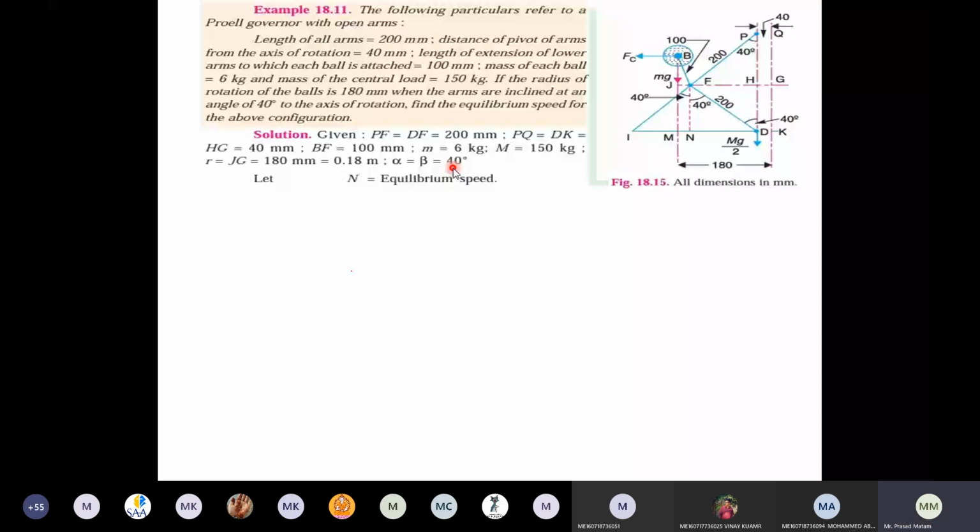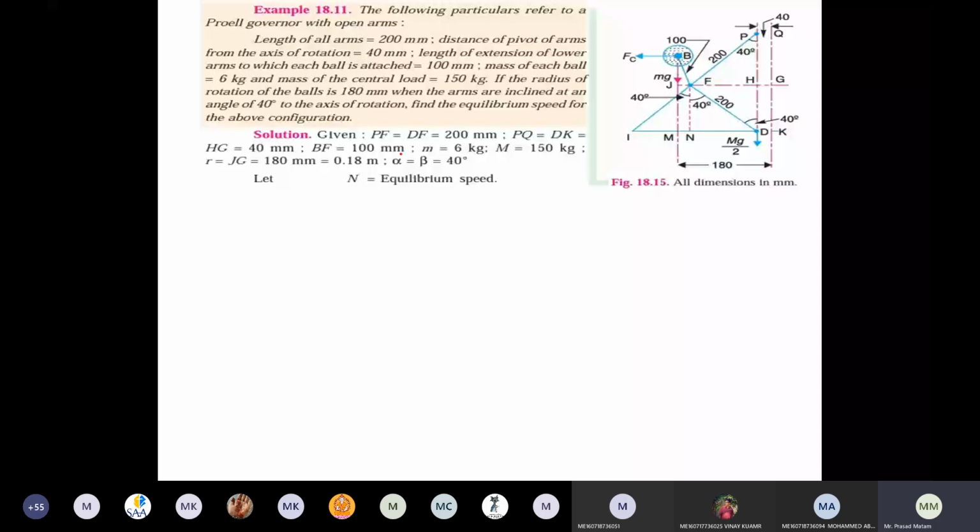Okay. Let us solve this problem step by step. Read the given data. Already it is there. Given PF is equal to DF is equal to 200 mm. PQ is equal to DK is equal to HG, that is equal to 40 mm. This is the offset distance, and BF is equal to 100 mm. What is BF here? Vertical distance of the extended arm.